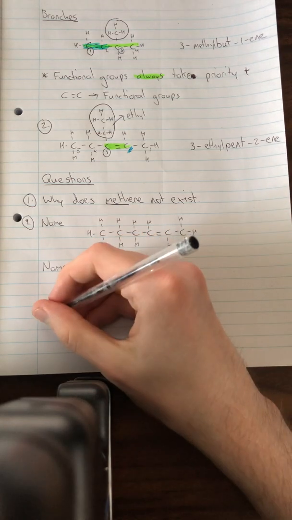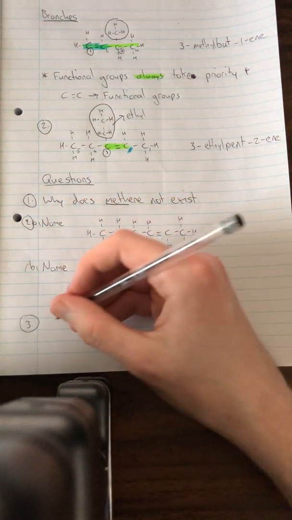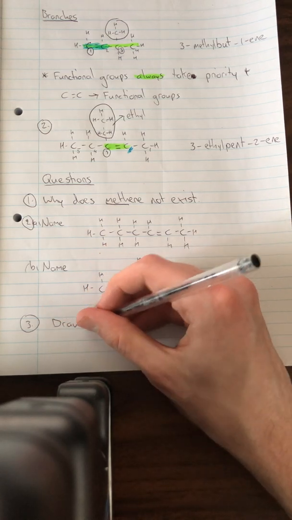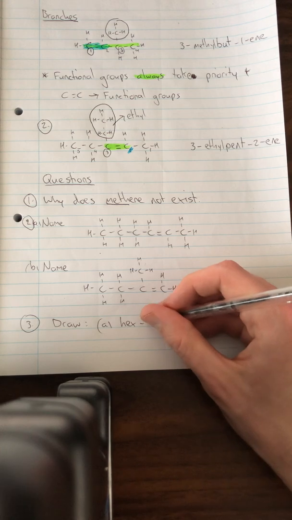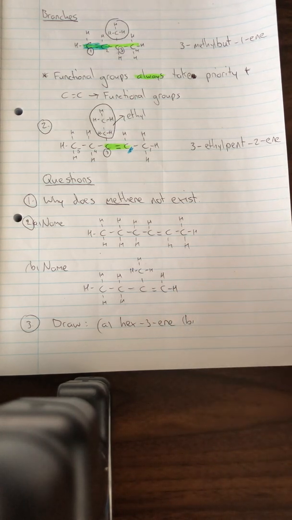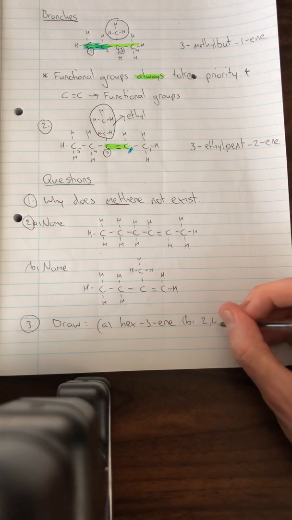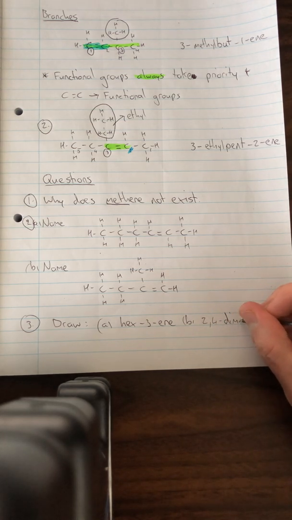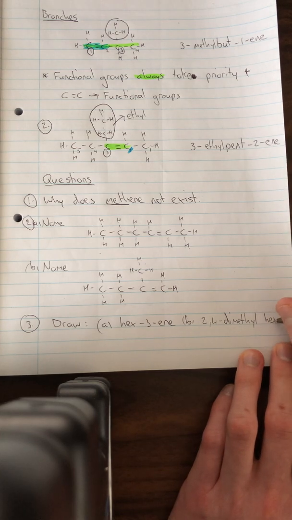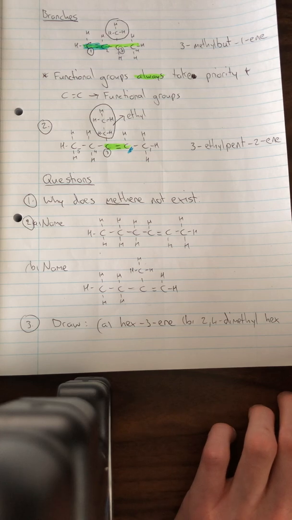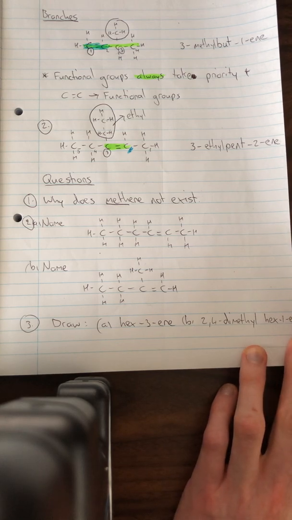So that's 2A, that's 2B, and then question 3, I want you to draw hex-3-ene, and then make this a wee bit harder, I want you to draw 2,4-dimethylhex-1-ene.